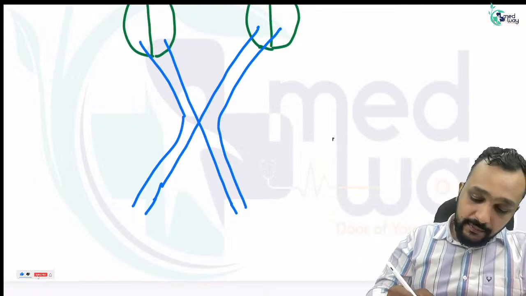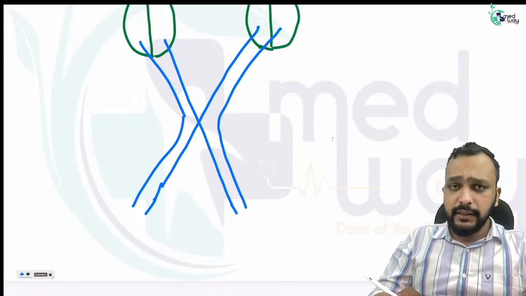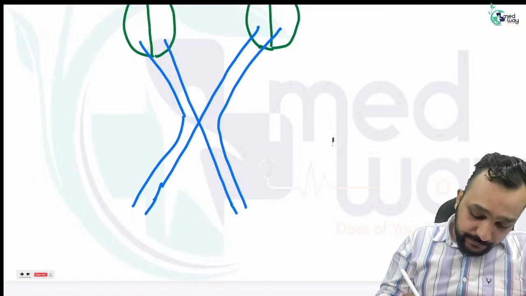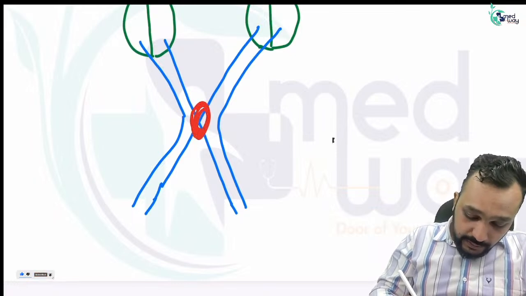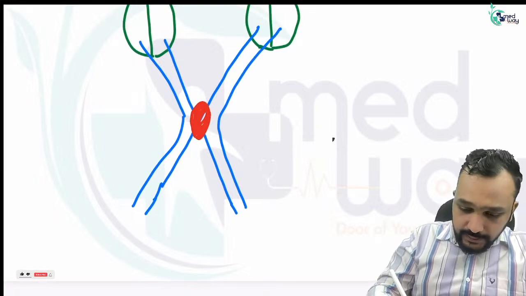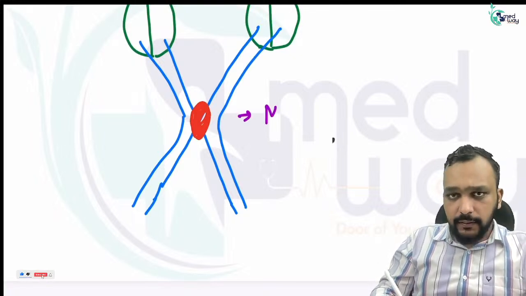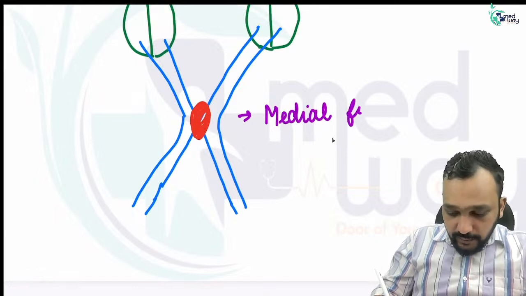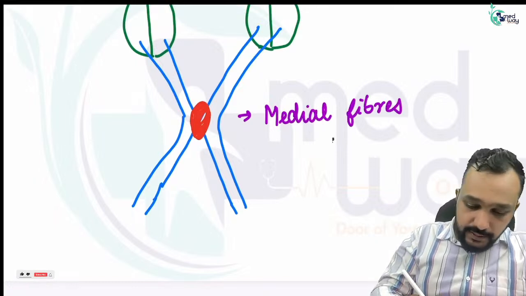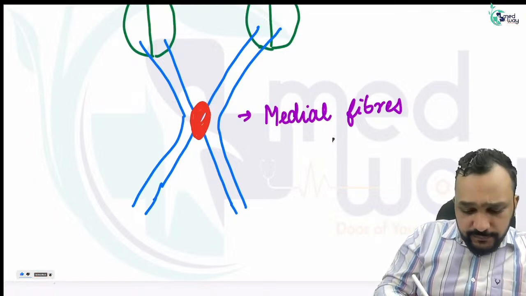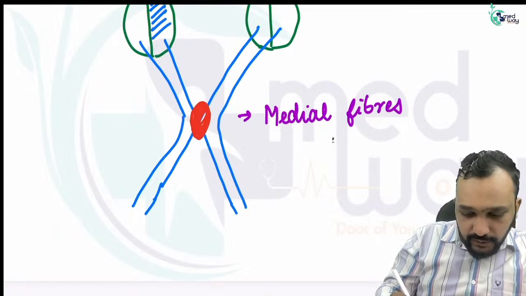Now what happens in patients with chiasmatic lesion, right, or a suprasellar lesion, there will be pressure on the medial fibers, right? So whenever there is pressure on the medial fibers, what you will see is that there will be loss of vision from the medial side of the orbit.